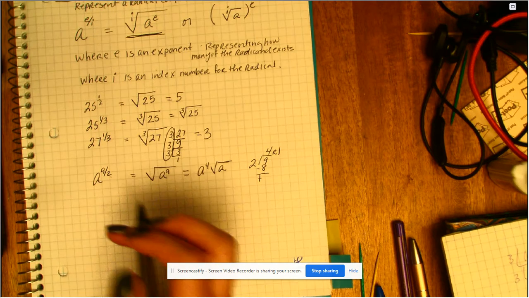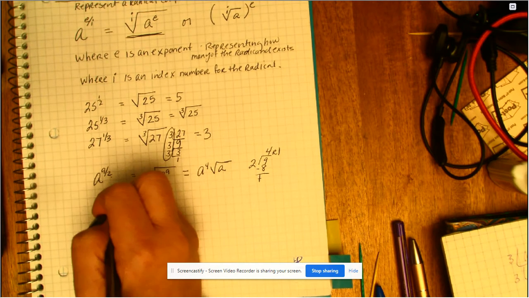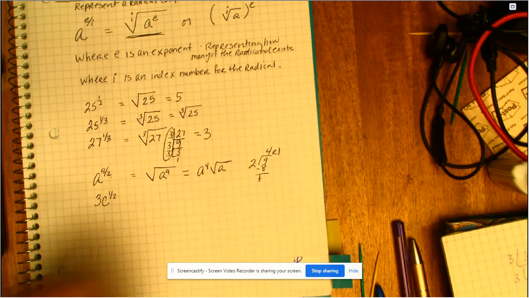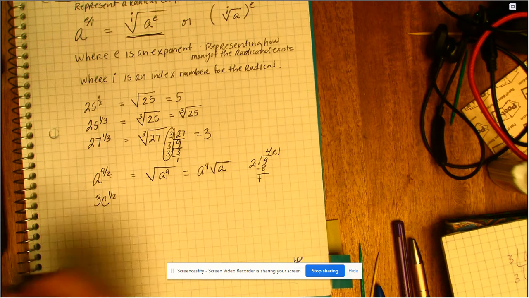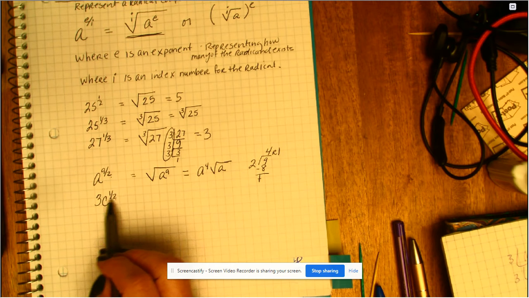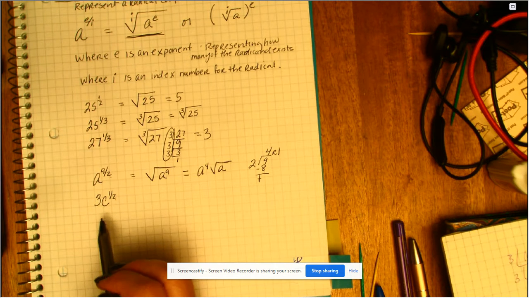What if I have something like 3c to the 1/2? Well, the rules about exponents apply, and that is that every base has its own exponent. So this 1/2 is actually only applying to the c, whereas 3's exponent is 1. I just don't see it.